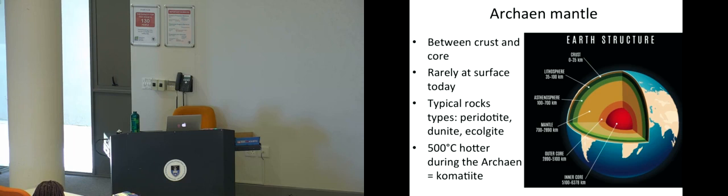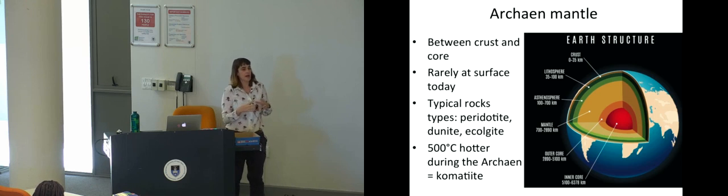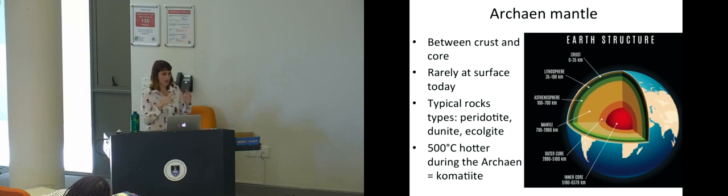So during the Archean, the mantle was hotter, and this is because of the radioactivity of elements like uranium and potassium in the core that were undergoing radioactive decay and basically releasing all of this energy. And so we had a hotter mantle, and it's very rare today that we see rocks from the mantle at surface. And we know what these type of rocks are.